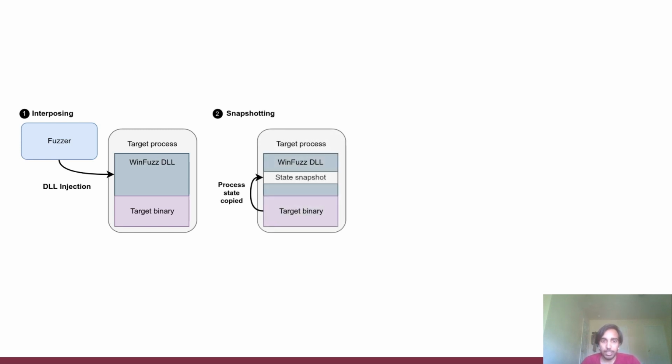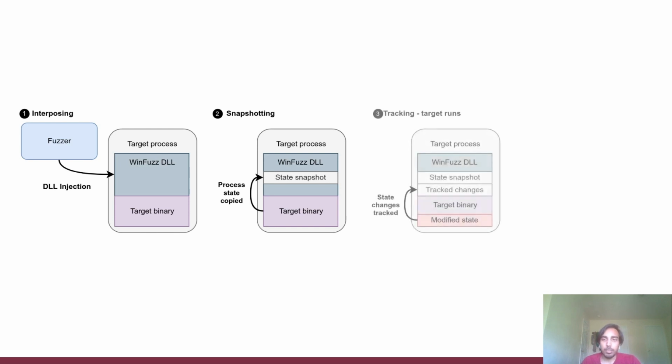In this step, the WinFuzz DLL simply creates a state snapshot of all the process state that a target binary has. Number 3, tracking. Now when the target runs, then during each loop execution, the WinFuzz DLL also tracks all the program state that is actually changed during this run, and thus no extra state restoration is required, which gives us an extra performance benefit.